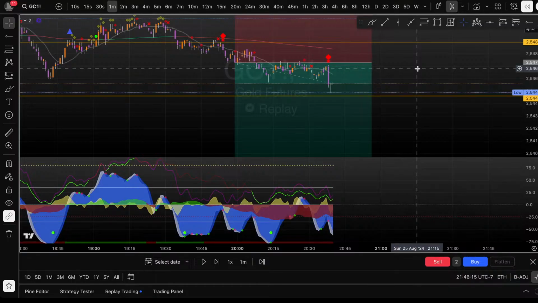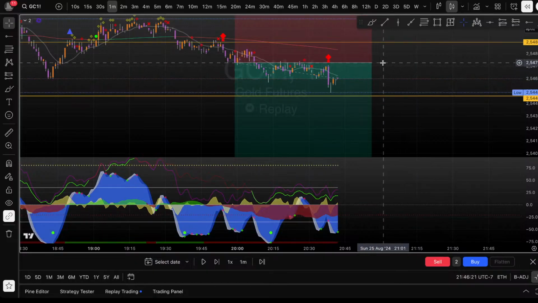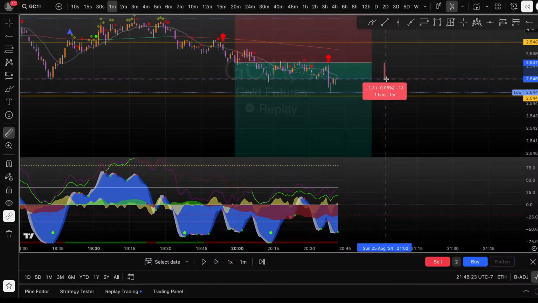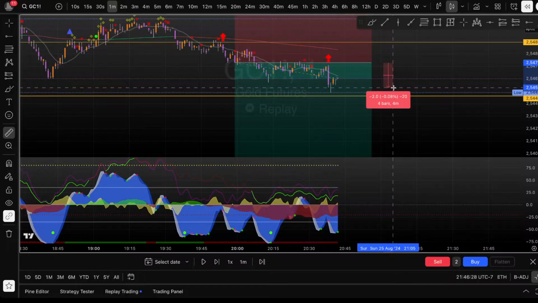Come on, baby. Jimmy Crack Corn. We'd be about 260 in profit. This is 400 in profit. So I missed an opportunity to take the profit off the table.